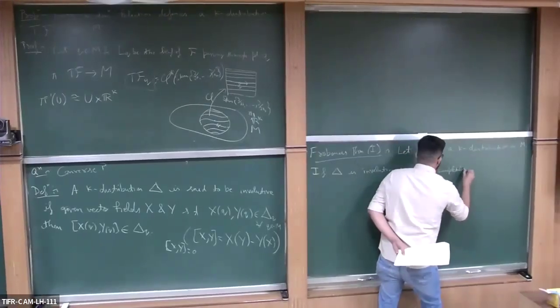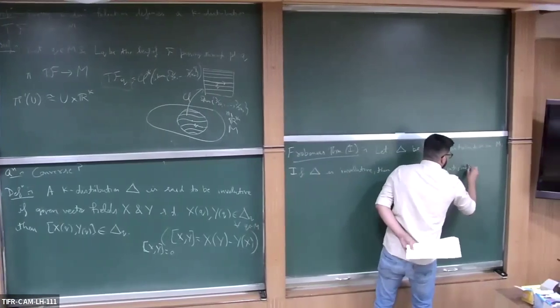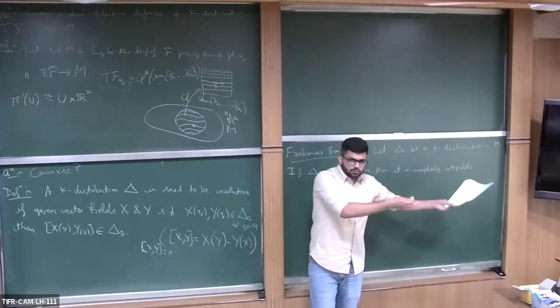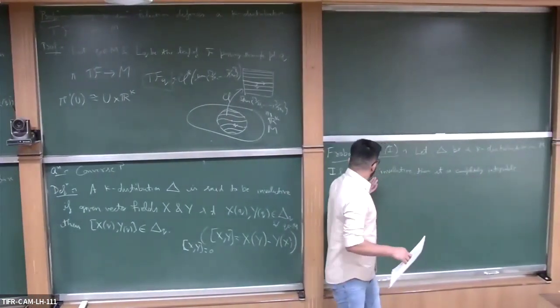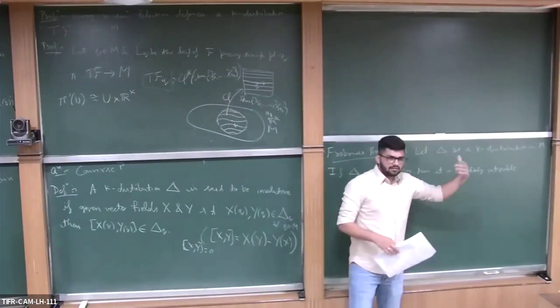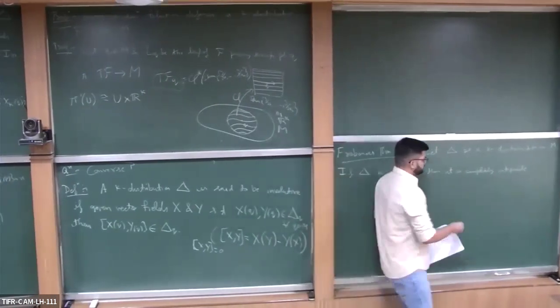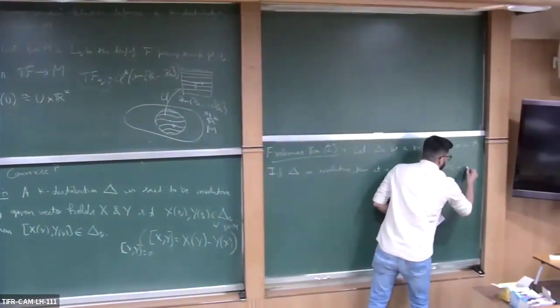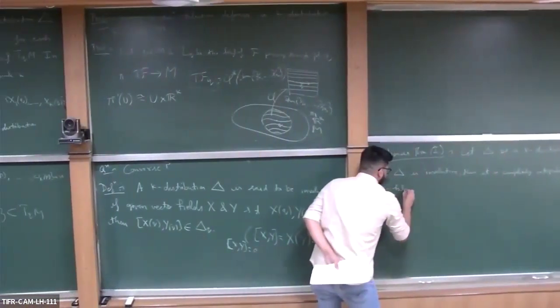Completely integrable exactly means that there is a corresponding k-dimensional foliation of which this delta is the corresponding distribution.